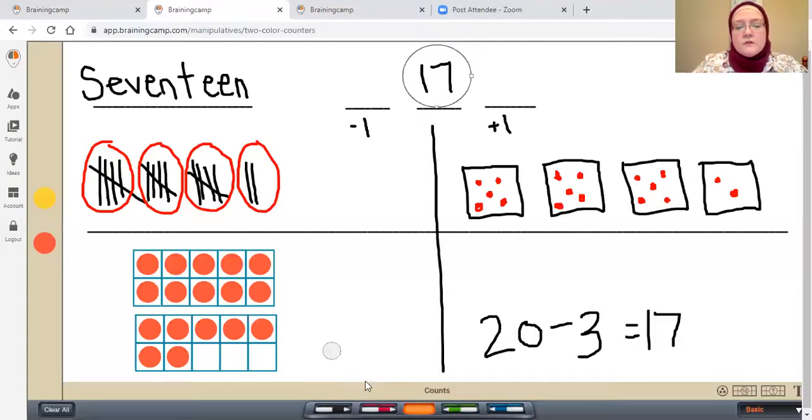So now I'm taking those extras away. Have I represented my 17? 1, 2, 3, 4, 5, 6, 7, 8, 9, 10, 11, 12, 13, 14, 15, 16, 17. I've got it now.